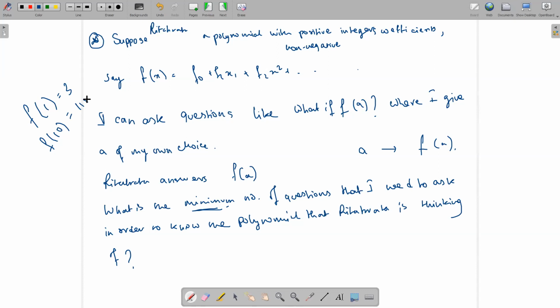Yes, but what if f0 is 111 itself? In that case, f needs to be a constant function, if it is not increasing at all.